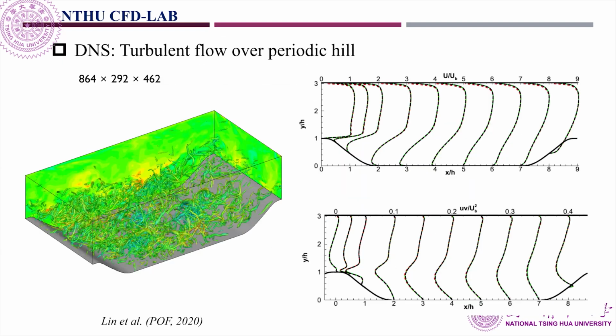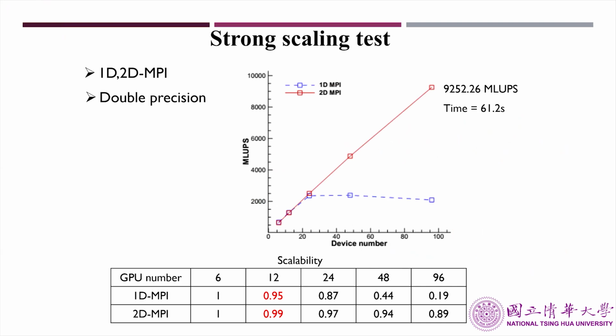We also managed to calculate turbulent flow within a periodic domain, which is a typical benchmark, and we used some kind of immersed boundary to do that, so the result seems to be okay. This was done about 10 years ago. The scalability of Lattice Boltzmann is quite good.